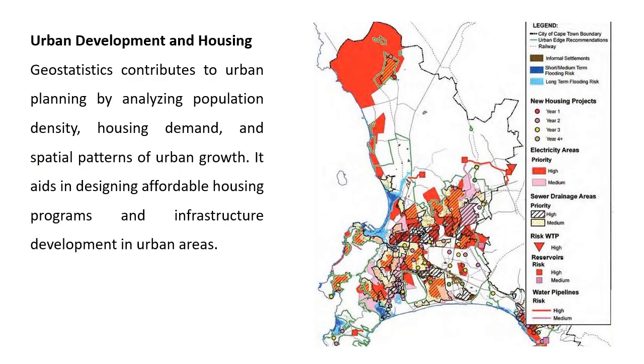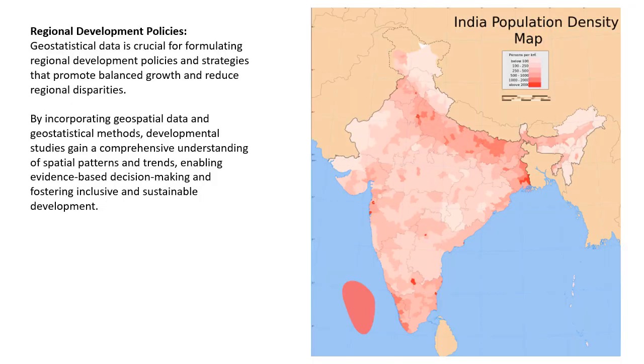The next is urban development and housing. This work may be related to officials who are interested in making a map to plan the area, or plan the development for the next 10 years. Then they can use geostatistics for that very purpose also.